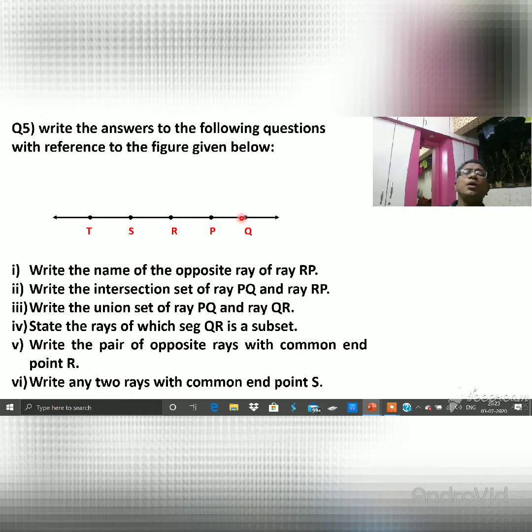From Q and R it can be increased so many times. Why does it increase? Because QR is there. So Q is the starting point and R is the unlimited side. So at the point R there is an arrow, and at the point Q here is an arrow. So both sides have arrows. That means it is a line. So the line name you can write as QR or RQ.